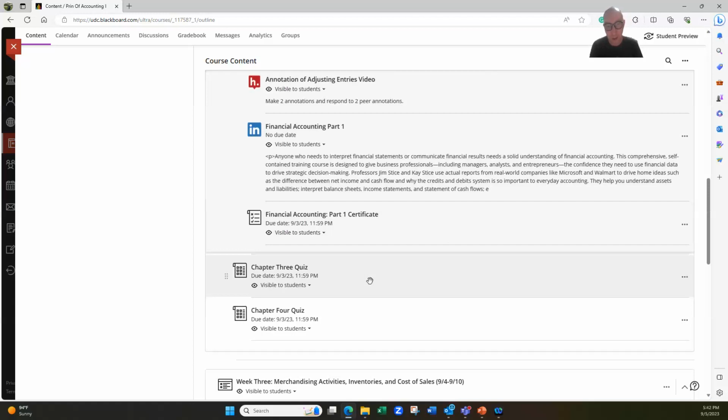The reason we go through these exercises and interactive learning components is not just for your interaction, although that's a big part of it. It's to give you hands-on learning that helps facilitate the learning process and helps you remember the accounting concepts you're learning.